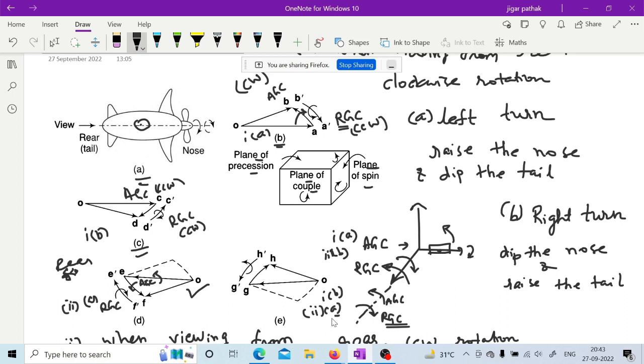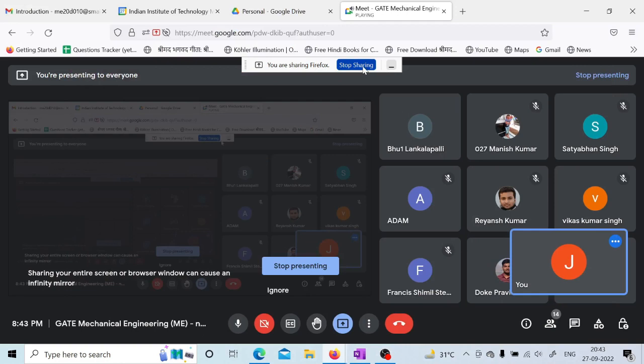It means what is going to, excuse me, that one is not visible. Only the meet window is visible. One second.